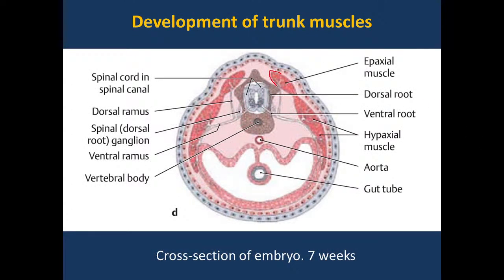Here the dorsal part is the back muscles, but here you see abdominal or chest muscles which are part of the ventral myotome.